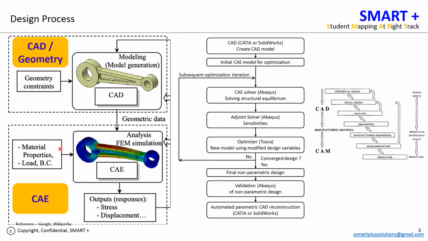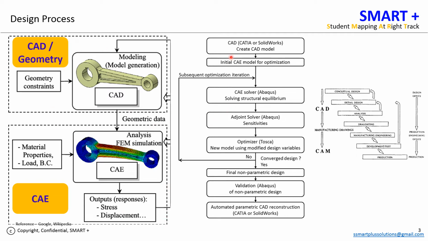Then we have to apply a material to it, and assign a thickness, a variable thickness, or solid components. Then we have to apply loads and boundary conditions, and we will receive as output stress, displacement, strains, etc. So this is the overall design and CAE integrated process.